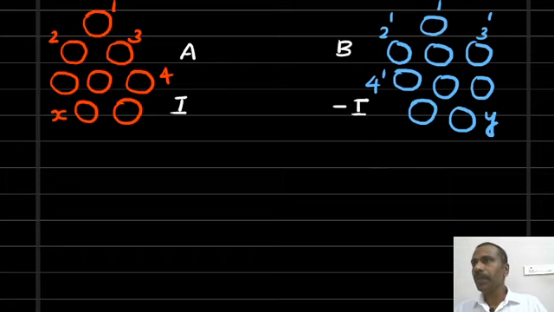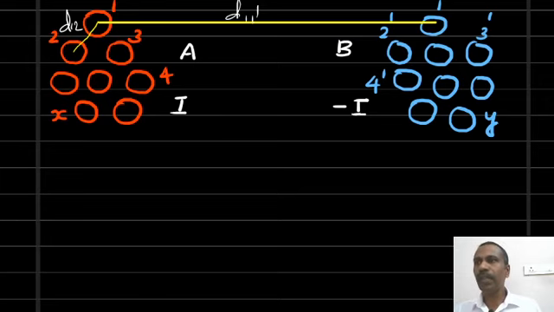Now let's find out the flux linkage on the strand number 1, because we are going to find out the total inductance. Inductance equals flux linkage per current. So we should know what is the flux linkage in each strand.